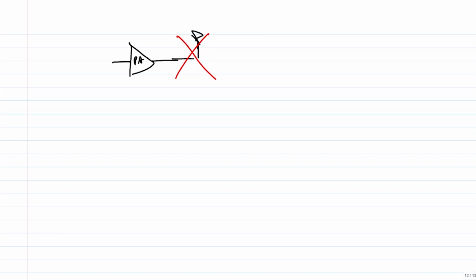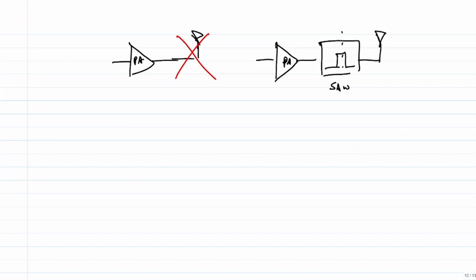It might be assigned to some other carrier, and you will be corrupting those bands. So for regulation purposes, you need to put a filter. So another SAW filter is often put at the output of the PA, which then subsequently drives an antenna. Right? So this is used to filter out whatever is the out of band harmonics.